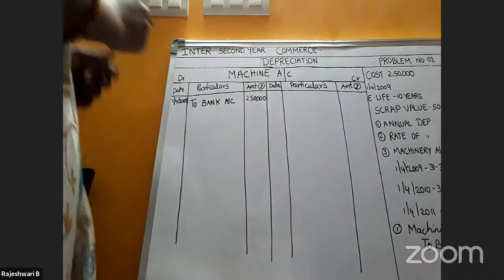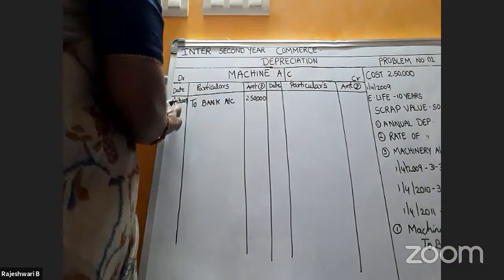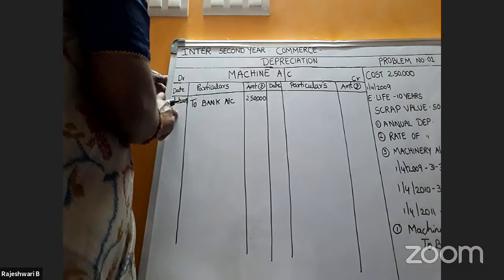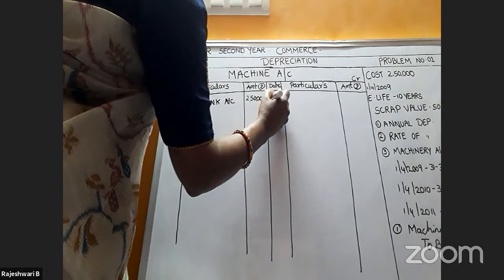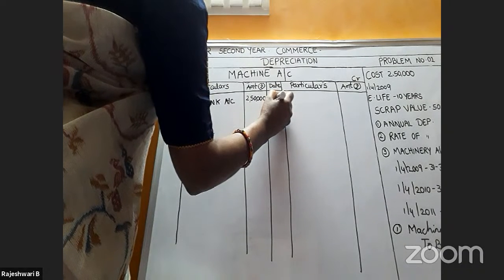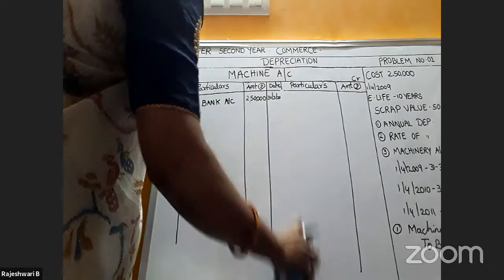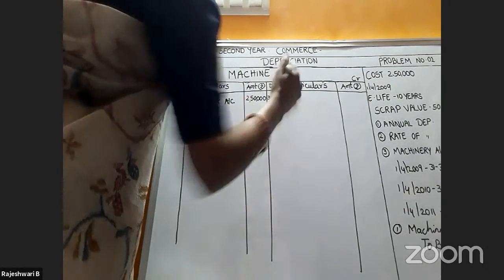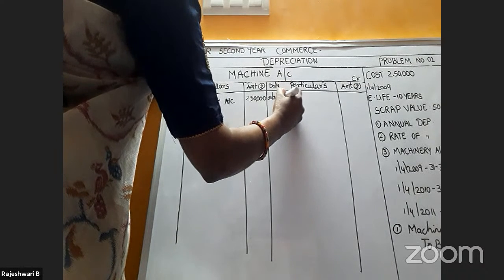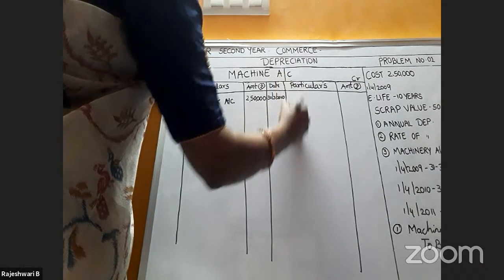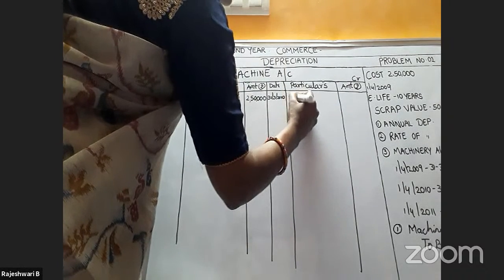For every year we are calculating the depreciation. At the starting of the year it's 1/4/2009. End of the year, 31st March 2010. This is the financial year. By depreciation.